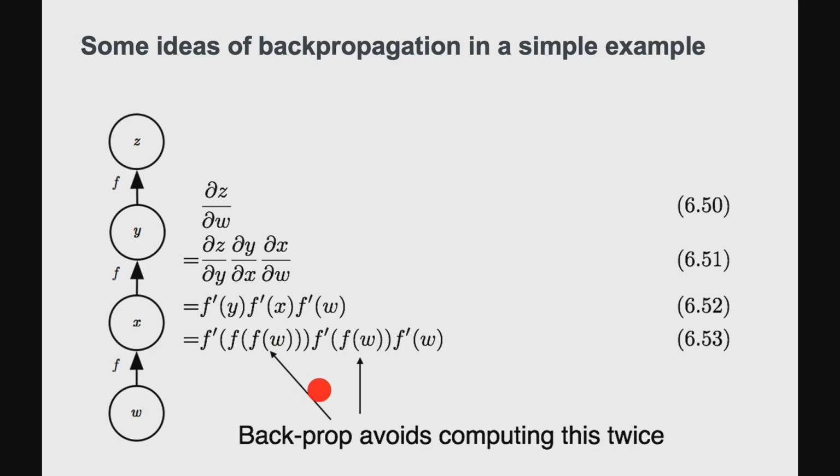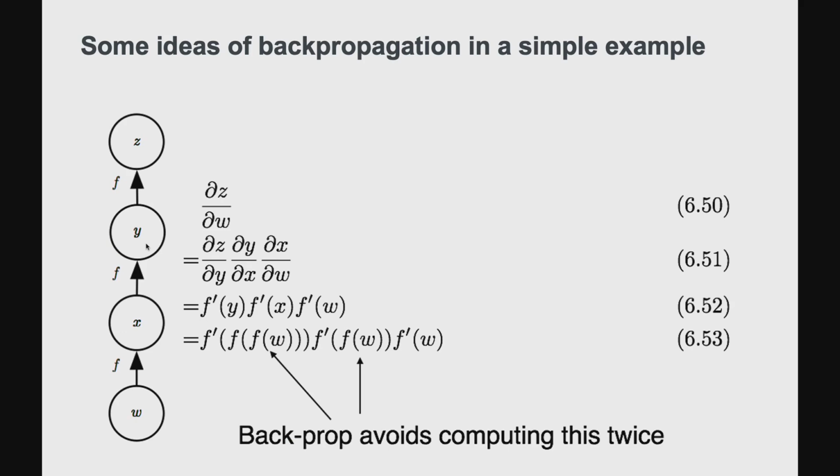And now what we want to do with backpropagation is not compute f of w multiple times, because every computation where we have to do something incurs some overhead. This is a tiny network, just chosen to illustrate the principle.